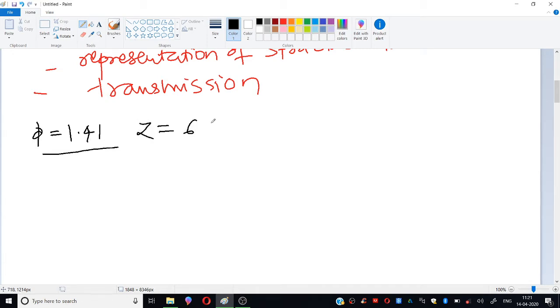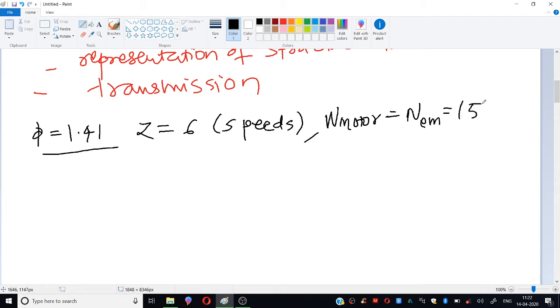So we have a total of 6 speeds in a gearbox, and there is one more speed, that of the motor, also denoted as engine motor or nm, which is equal to 1500 rpm.